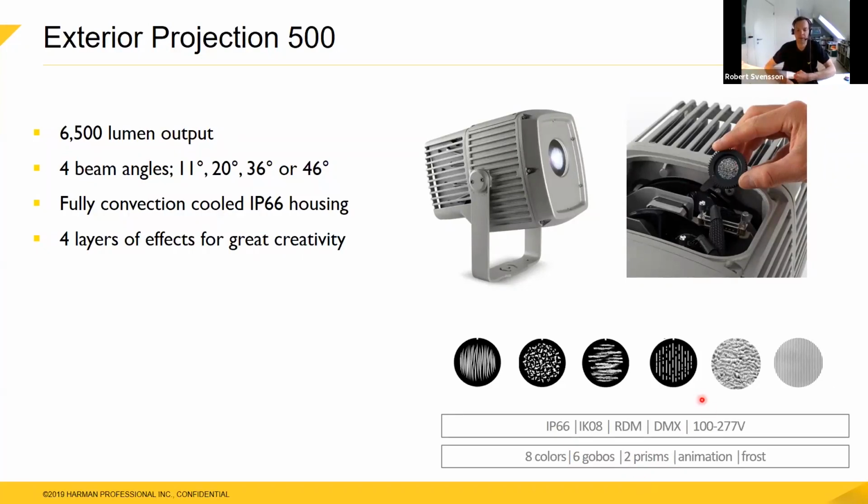And then it also has what we call an animation effect that slides back and forth in front of the gobo and creates this animated effect, like a flag waving in the wind. So the gobos get a bit animated, and it also features a frost flag, so you can add a soft frost on the gobo as well.